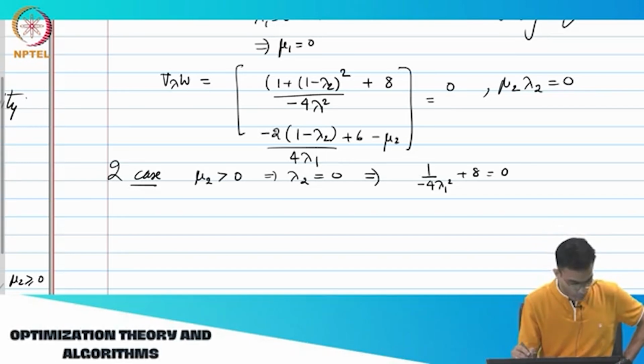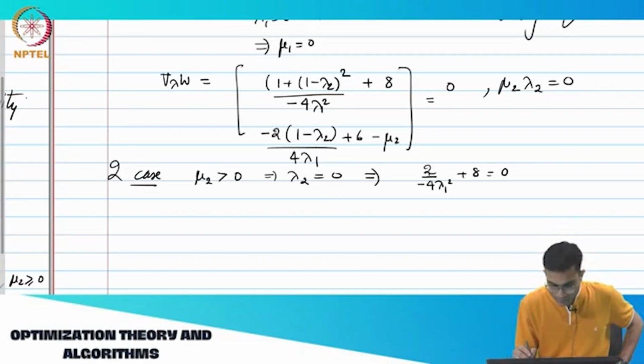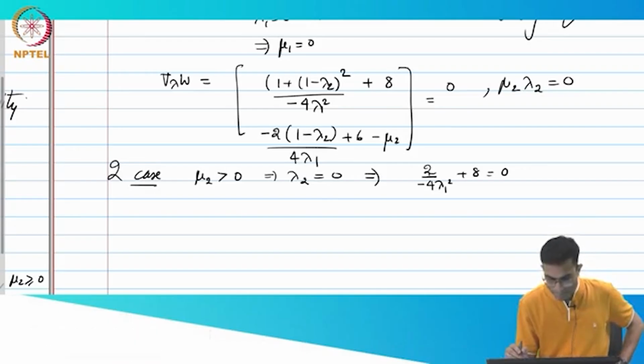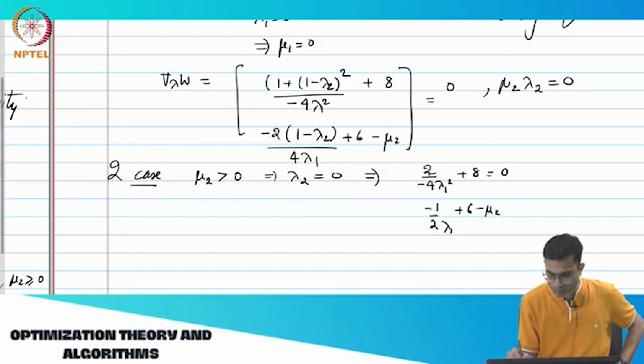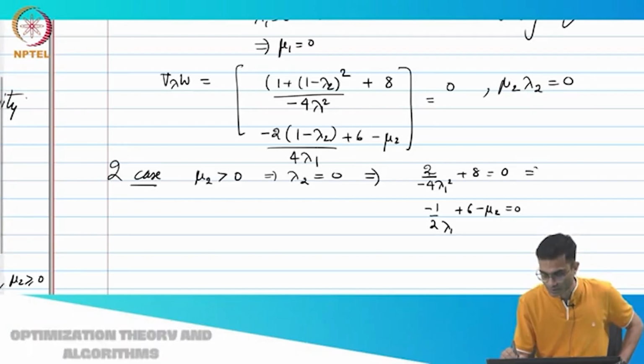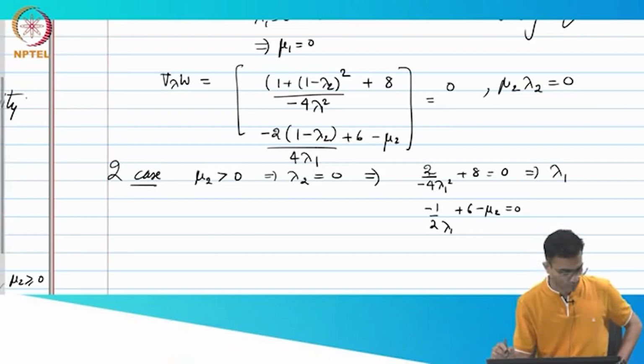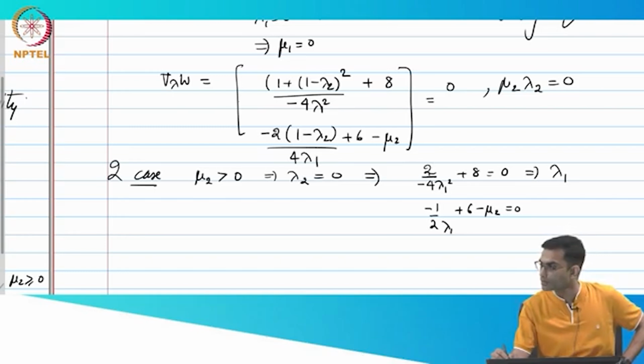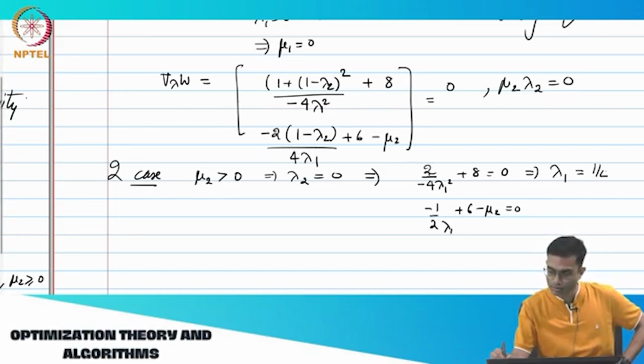That's the first term. The second term is going to give me what? Minus 2 by 4 lambda 1, so that's minus 1 by 2 lambda 1 plus 6 minus mu 2 equal to 0, right? So from the first expression do I get a value of lambda 1? Right, 1 by 4, does it? And from here what value of mu 2 do I get?